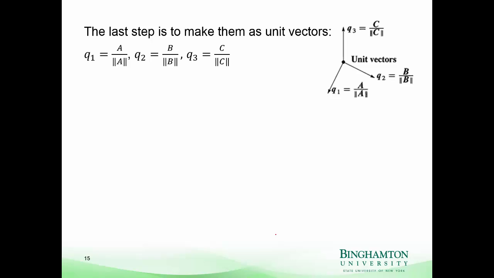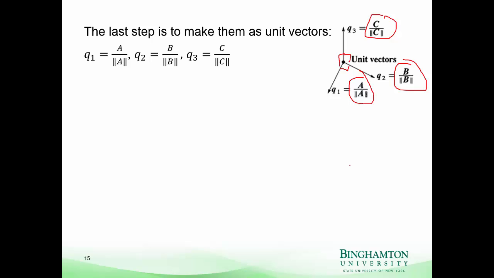And then once we end up, if this is as far as we want to go, we now can just normalize all these. So we take our A and we normalize it, we take our B and normalize it, we take our C and normalize it. And now we've got three orthogonal unit vectors. It's a little hard to see in the picture, but all of these angles are right angles to each other.